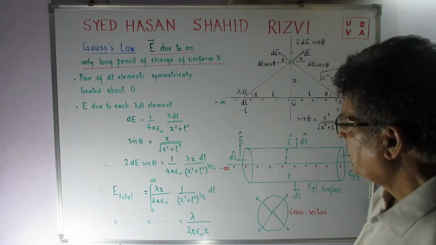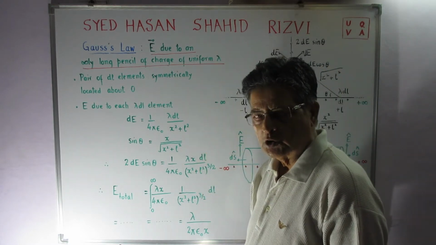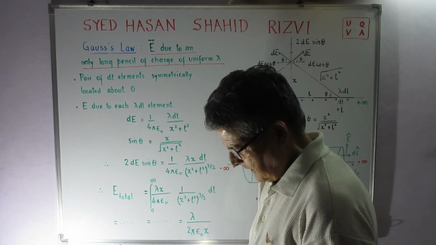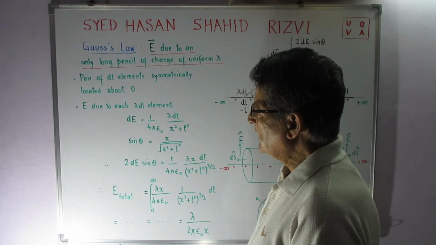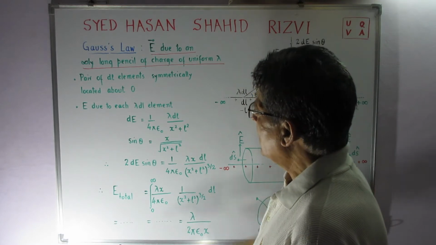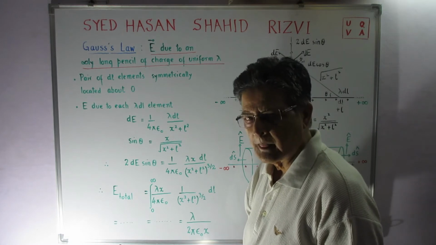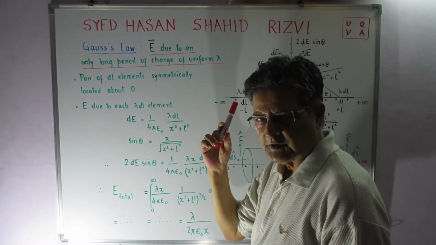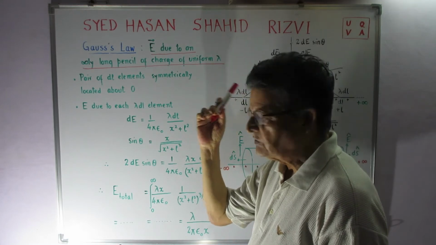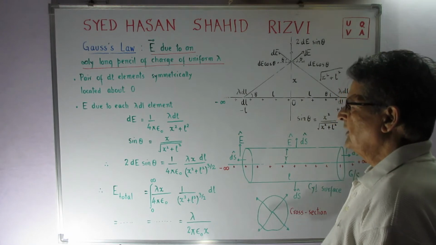What we do, in the first instance, I am taking you through a cumbersome, difficult method of calculating the electric field from our knowledge of Coulomb's law. Later on, I'll apply the Gaussian surface and the Gaussian approximations to obtain things very easily for you.